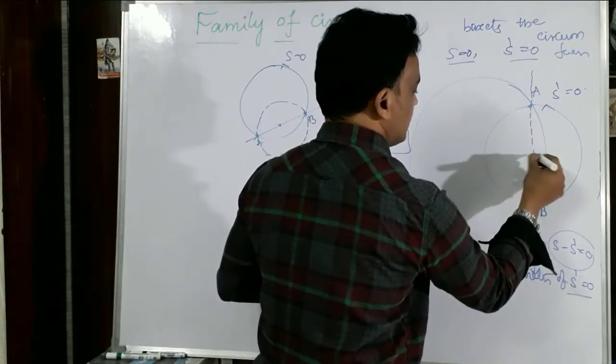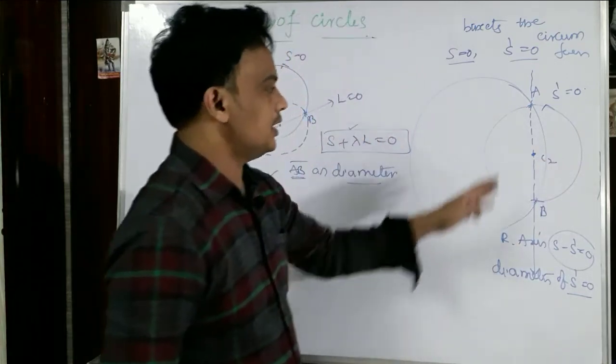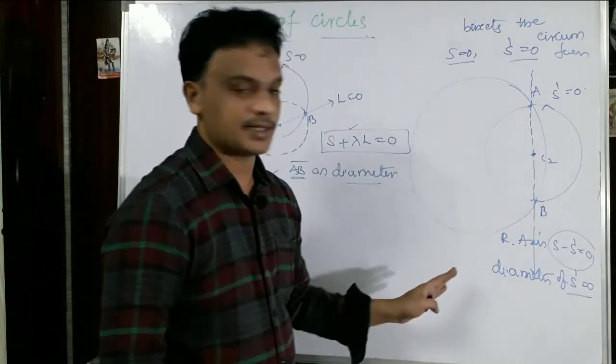That means the center C2 lies on the radical axis.